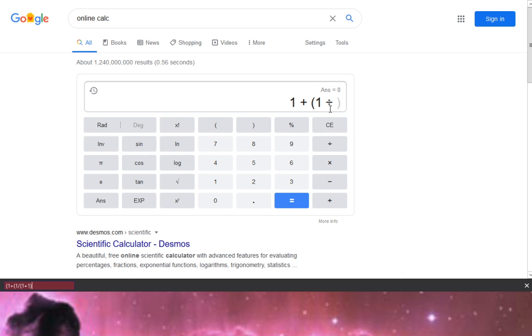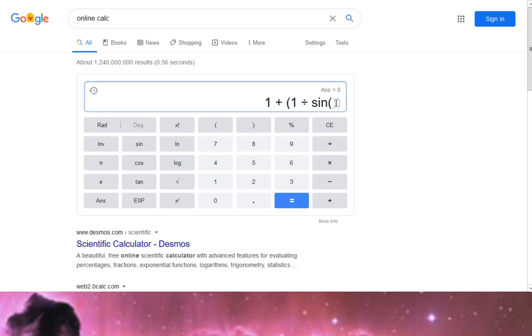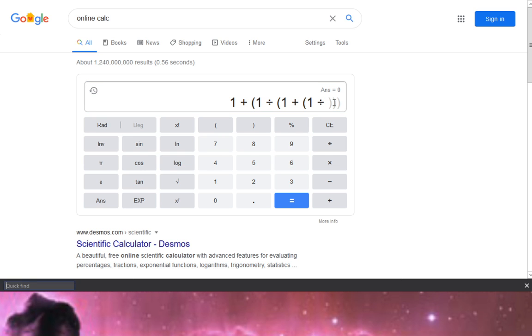Oh, what's going on? Why isn't it 1 divided by parentheses 1 plus 1 plus parentheses 1 divided by parentheses? No, that's not what I want.